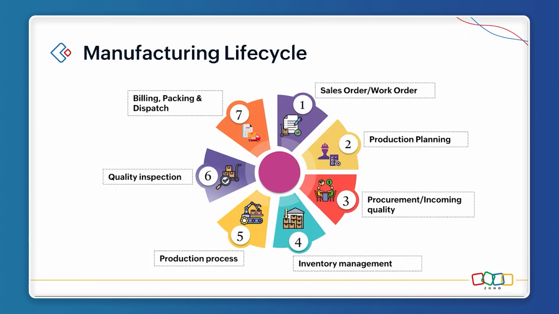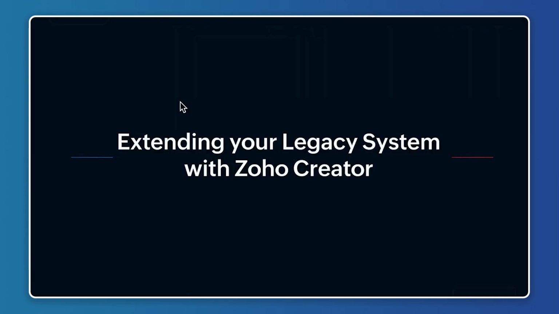Now, with an understanding of this manufacturing life cycle, we are going to understand how we have implemented this total life cycle into Zoho Creator as an application. Before that, let us also understand how easy it is to use the Zoho Creator application with the legacy system.